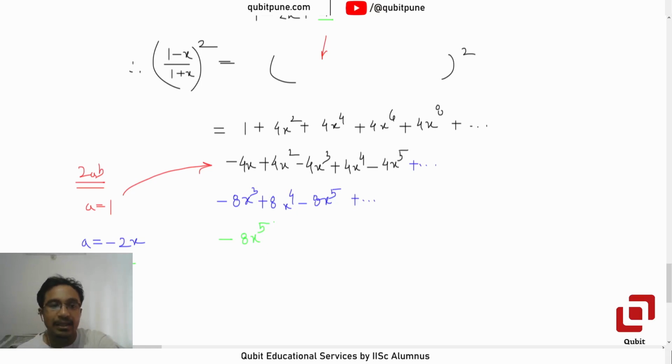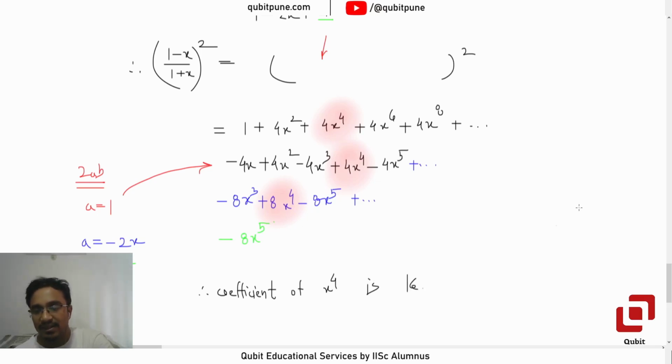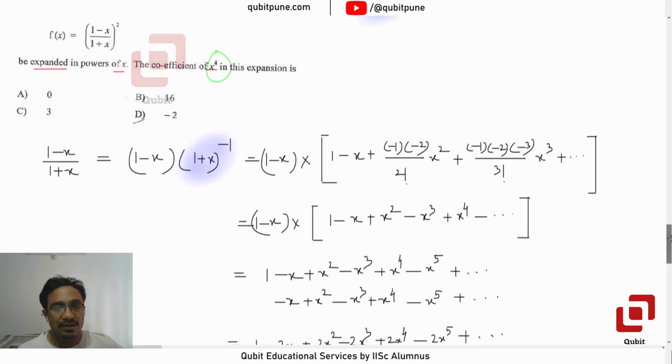Let's collect them: 4x raised to 4, 4x raised to 4, 8x raised to 4, and therefore the coefficient of x raised to 4 is 4 plus 4 plus 8, 16. Look at the red highlighted terms, all are positive. So 4 plus 4, 8, 8 plus 8, 16. So what is the correct option? The correct option is B.